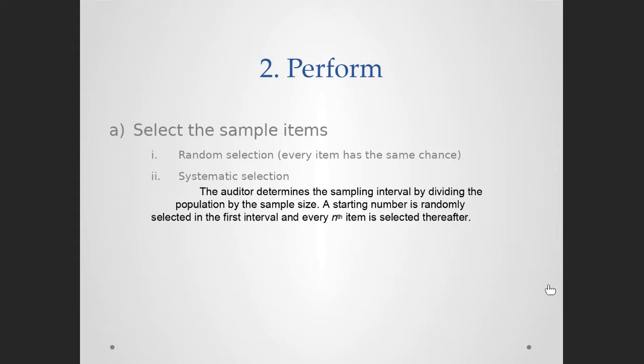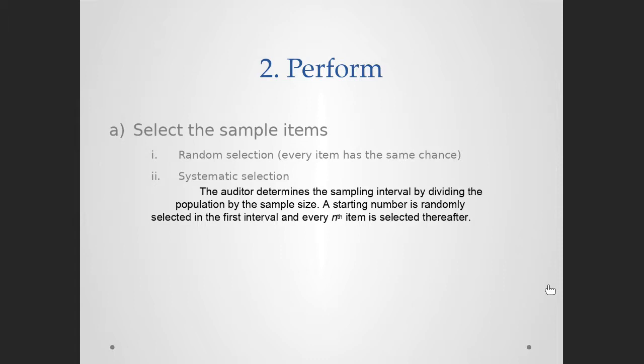This 20 is called a sampling interval. So you will select every 20th number after you select the first item. So let's say the first item you selected was check number 1025. The next would be check number 1045. The next one would be check number 1065.